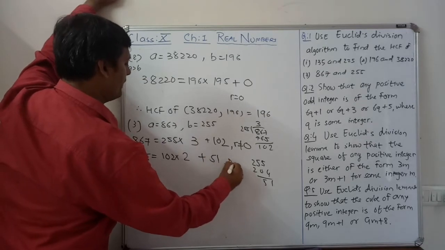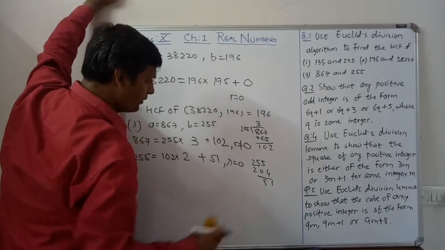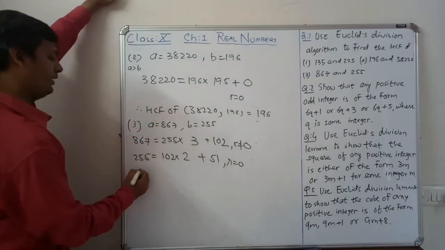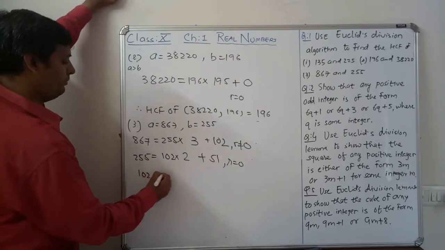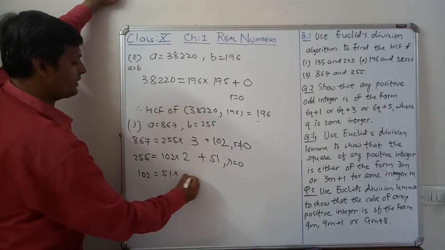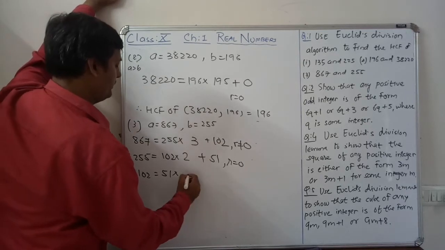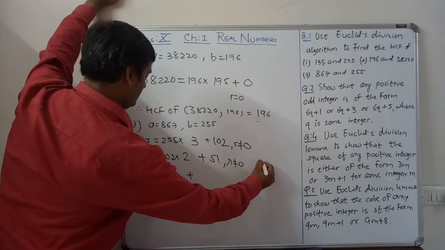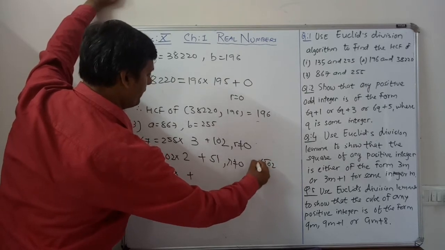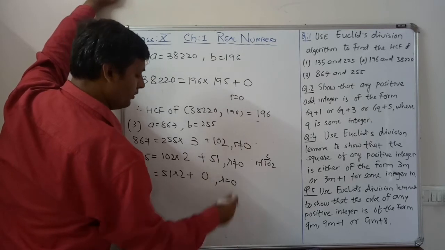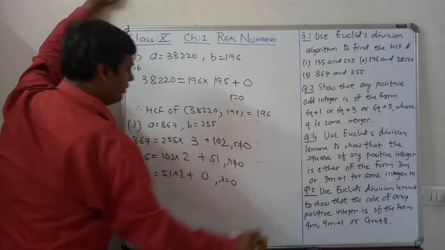So 51 is the remainder, again R does not equal 0, right? So now 102 becomes the dividend and 51 the divisor. Now 102 divided by 51, so 2. So here 2 and remainder 0, so R is equal to 0. So our procedure is stopped.